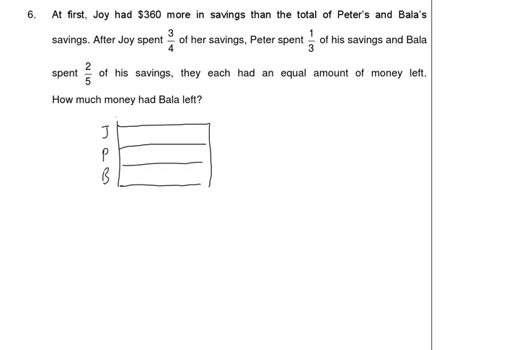You know that Joy spent 3/4 of her savings. Correct? So, what fraction is she left with, Adriana? Three-quarter? 1/4.